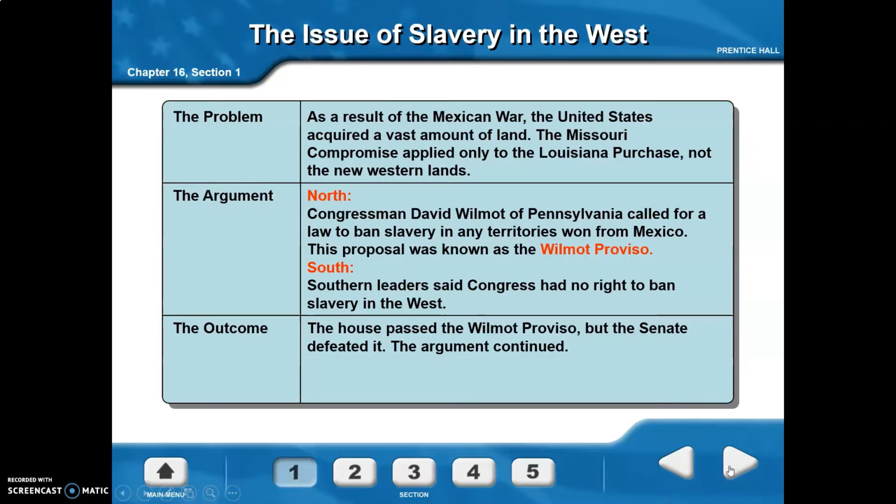And they named this proposal after him, and it was called the Wilmot Proviso. The South, however, had a different idea. They said that Congress had no right to ban slavery in the West, that it was not fair. And the outcome of this, the House did pass the Wilmot Proviso, but the Senate defeated it. So the argument between this issue of slavery in the West still continued. There wasn't a set solution for this problem.